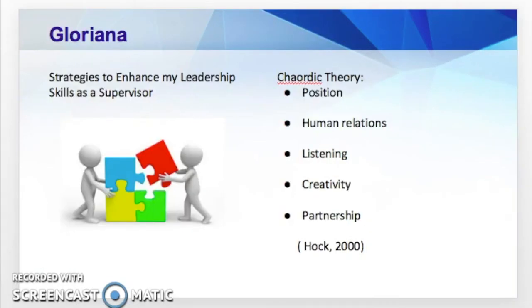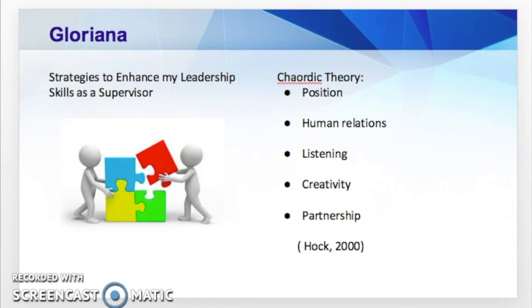Let's mention some strategies to enhance personal leadership skills. I want to give an example related to enhancing my leadership skills as a supervisor. Strategies to enhance my leadership skills as a supervisor are very important in order to establish a good relationship with my supervisee.